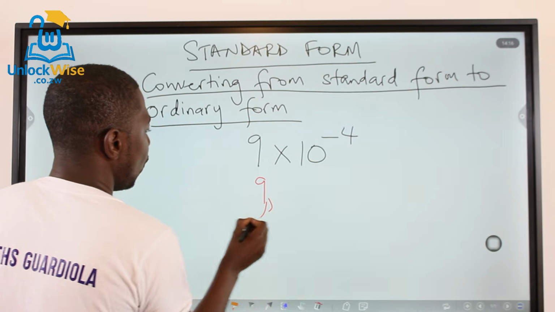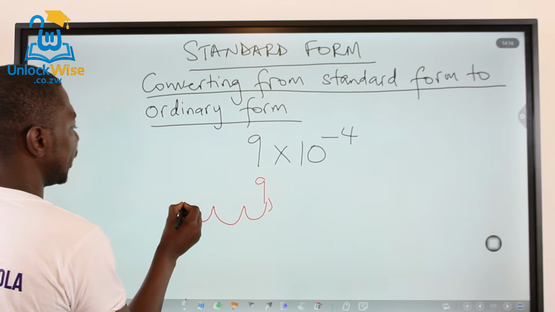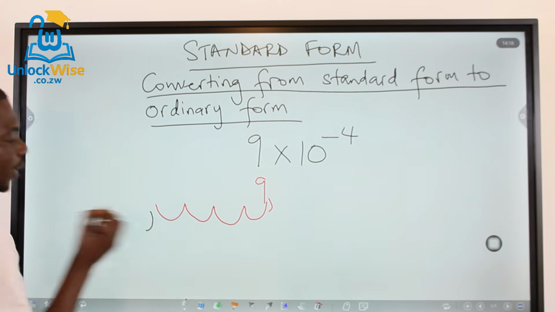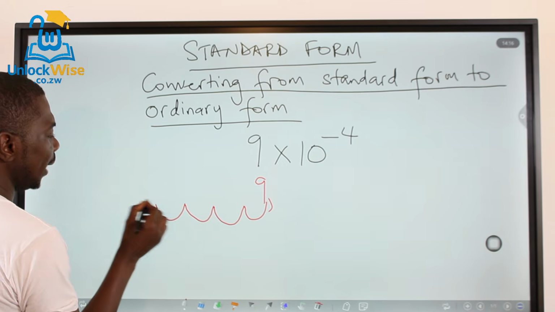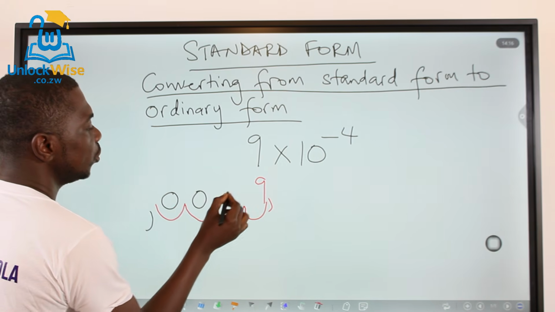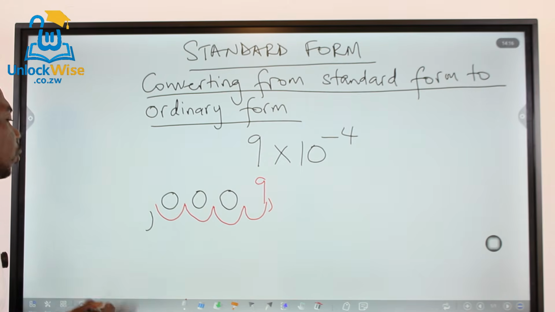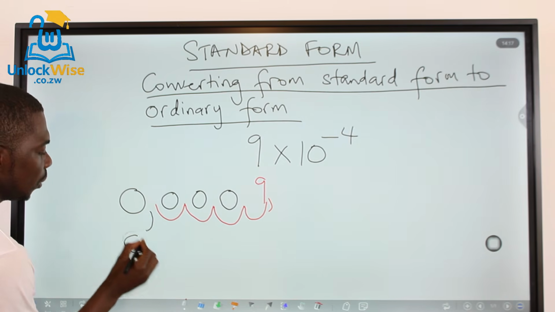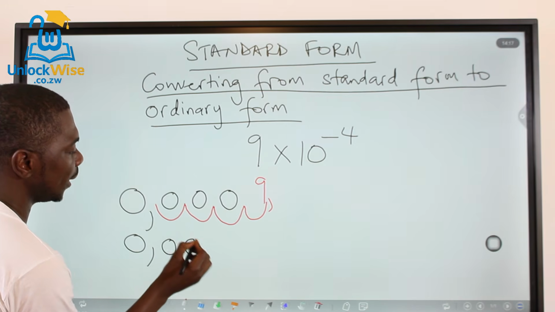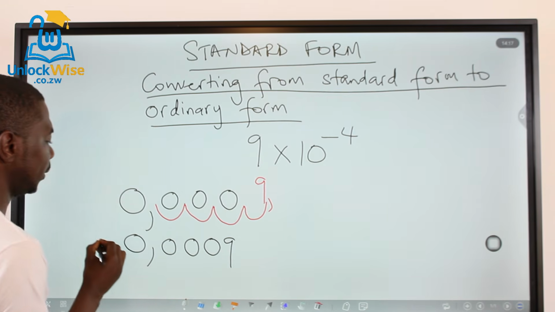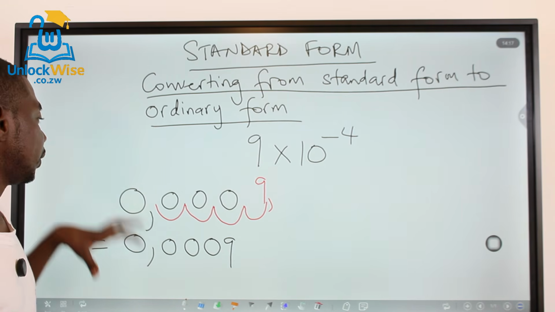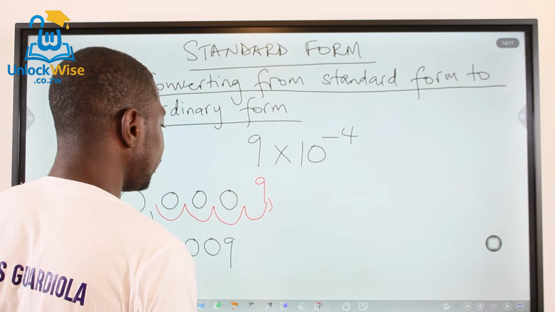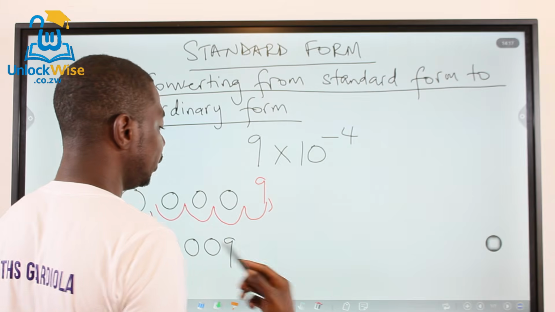So 1, 2, 3, 4. Now, this means that our comma is supposed to be here. And we'll write the zeros 1, 2, 3. And because we don't have any number here, we'll put a 0, which now means that this is equals to 0,0009. Okay, this is how we express small numbers from standard form to ordinary form.